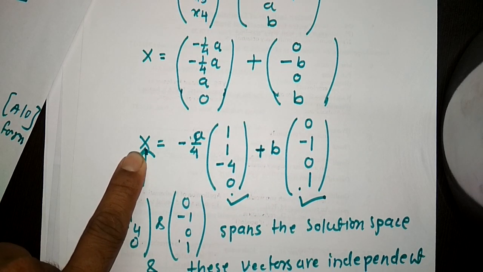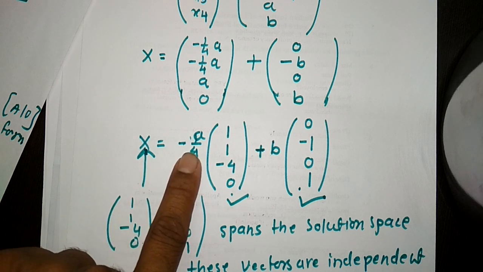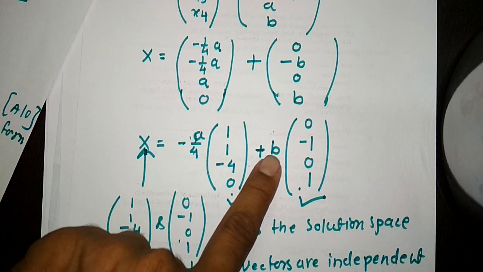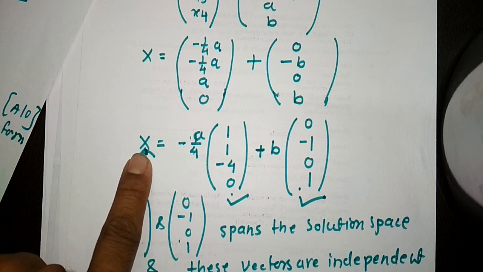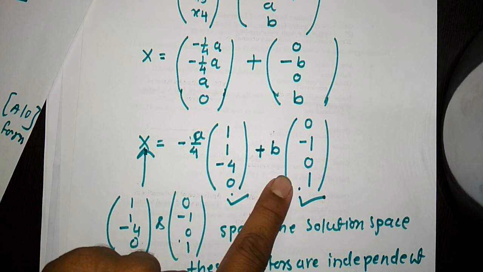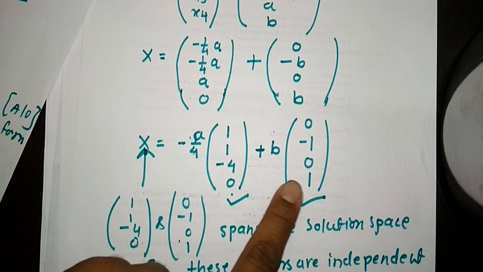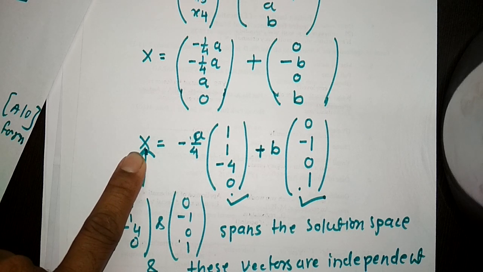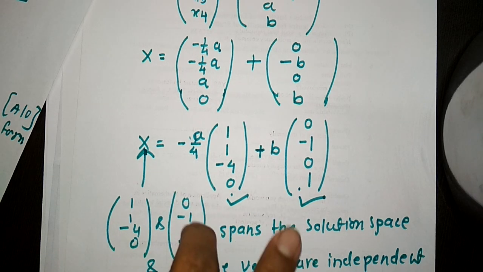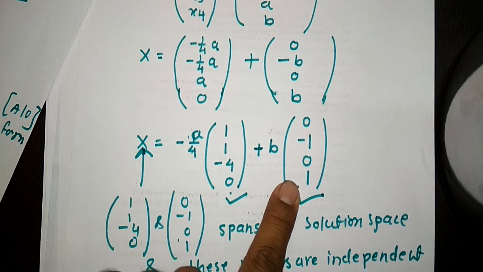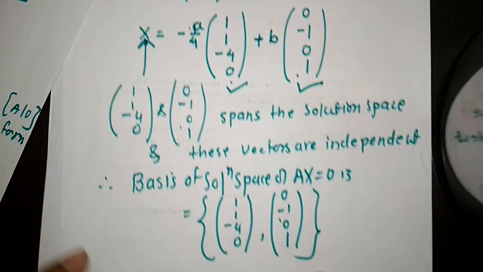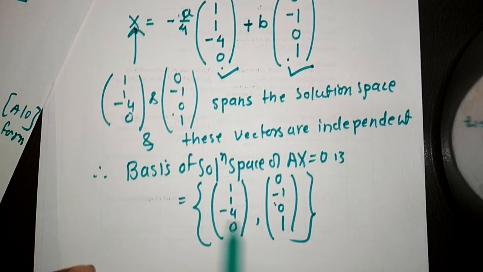So any vector in the solution set is expressed as a linear combination, k1 times the first vector plus k2 times the second. Therefore these two vectors span the solution space and they are independent, so they are the basis of the solution space of a homogeneous system.